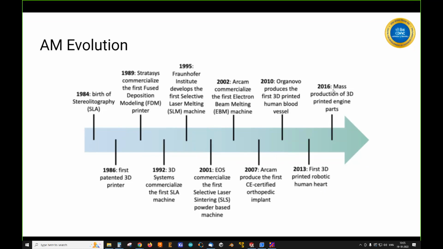In 2016, mass production of 3D printed parts in the automotive industry also started. As of now, if you go to a mechanical R&D institution, they will all have a 3D printing facility so that they can immediately realize whatever design they made before going into a manufactured solution or a functional prototype.